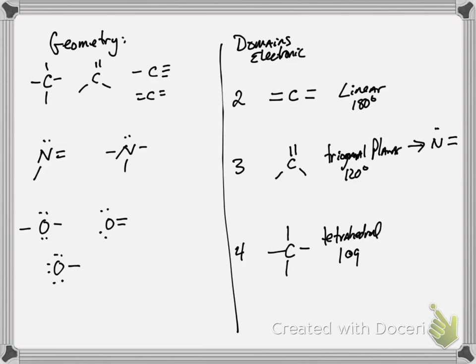But the molecular domains are more diverse. We see that in the electronic domain of 3, we can have a lone pair. This often is present in nitrogen compounds. So nitrogen compounds can have a double bond and a single bond, but still have a lone pair. So this is trigonal planar electronically, but because it has a lone pair, it has those additional repulsions, making it bent or angular. There are also 2 tetrahedral electronic domains where we have to consider lone pairs, again involving nitrogen.